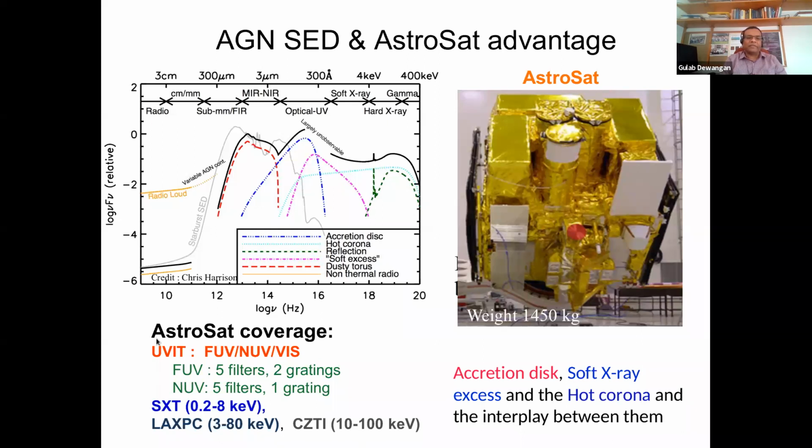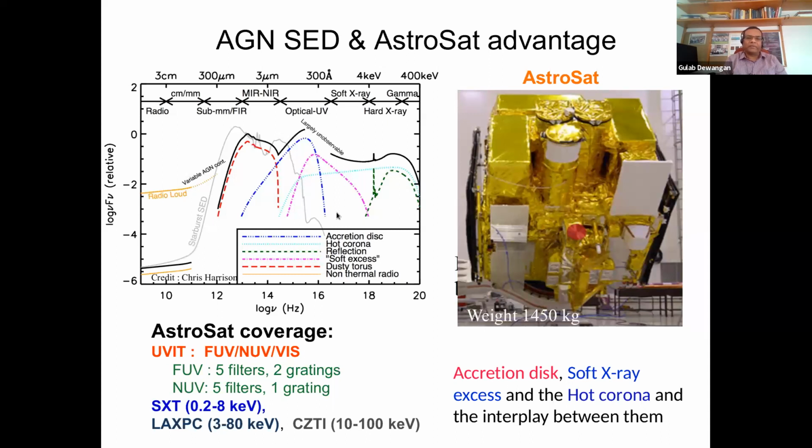The reason is that AstroSat is a multi-wavelength mission, which has this ultraviolet imaging telescope, sensitive in the far ultraviolet from 1200 angstrom to about 2000 angstrom, then near ultraviolet 2000 to 3000 angstrom, and a visible channel as well. It has several broadband filters as well as low-resolution gratings, which can be used to study this UV component, particularly the big blue bump component.